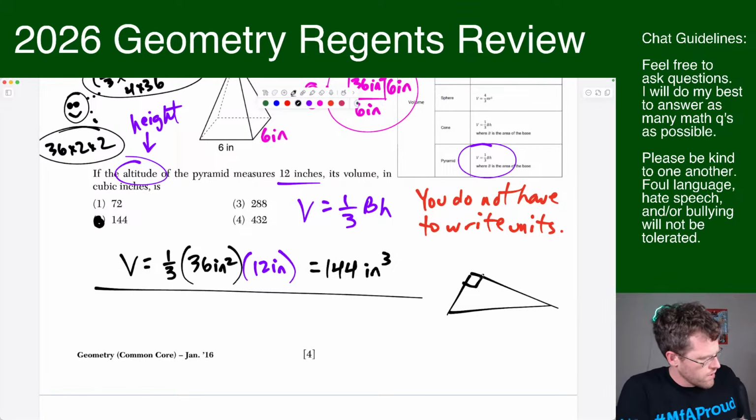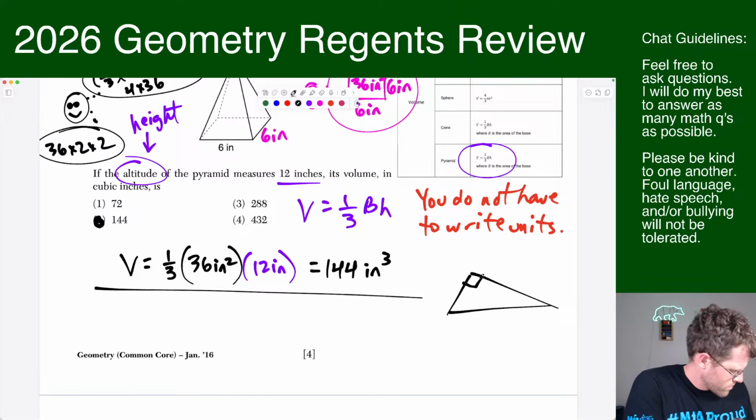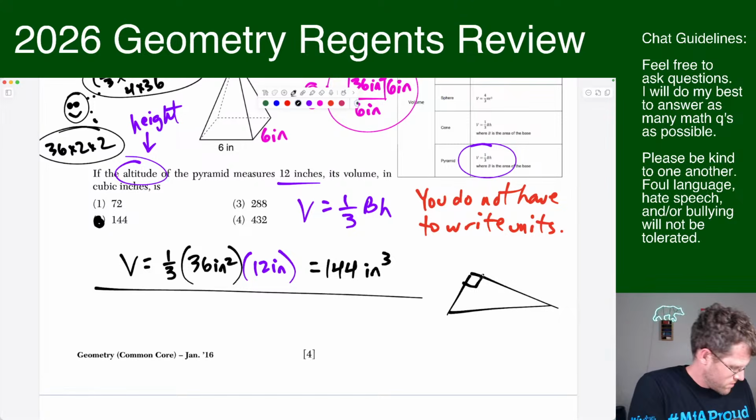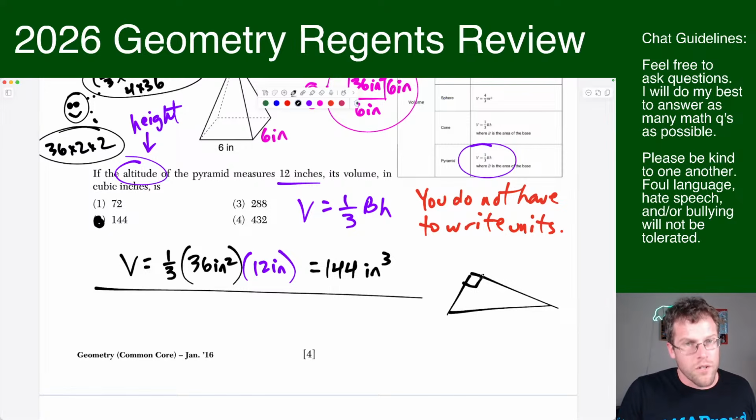Do I have an altitude rule question? Question 22, there's an altitude rule question. So I'll hold off on that. When I get there, I'll write the leg rule too.